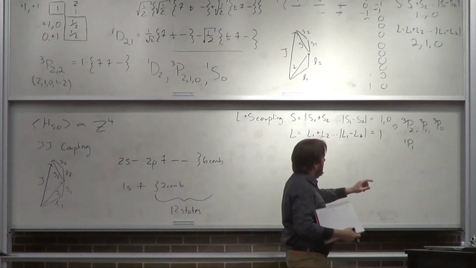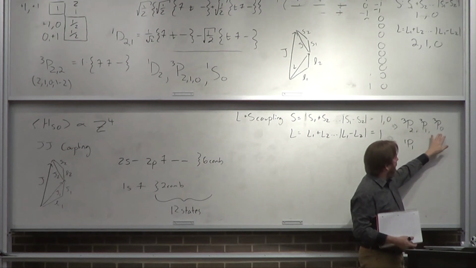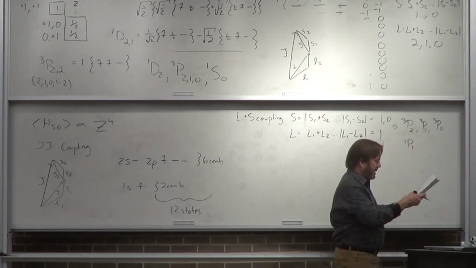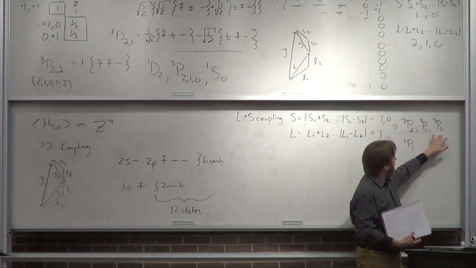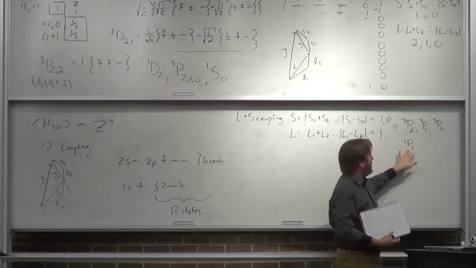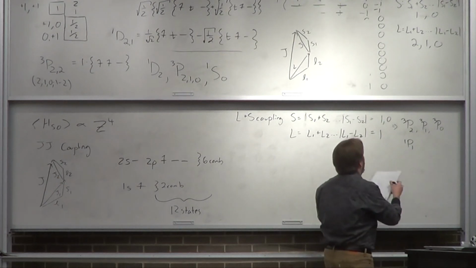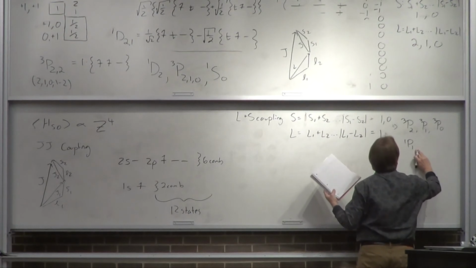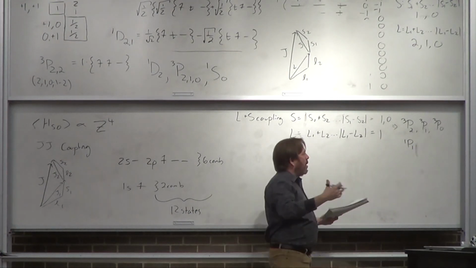Let's see, 5, 8, 9, have I done this wrong? 5, 8, 9, 10, 11, 12. Right, there's actually 3 of these. Is that right? Yeah, it's a p state. Of course there's 3. That's J. M sub J is 1, 0, minus 1.